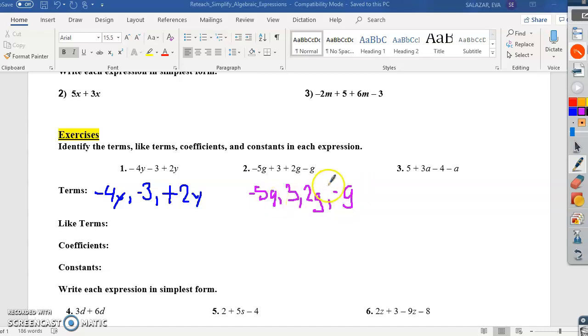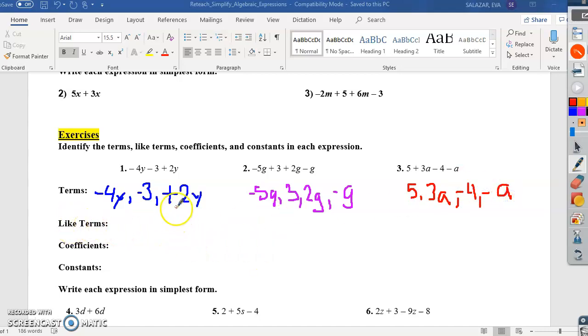So that's 4 terms. Last one, we're looking at 5, 1 term. 3a, second term. Negative 4. And the last one, negative a.